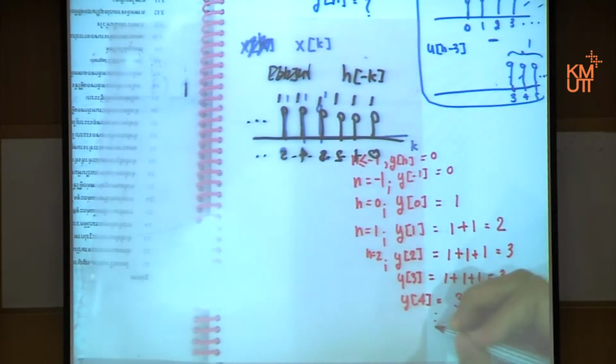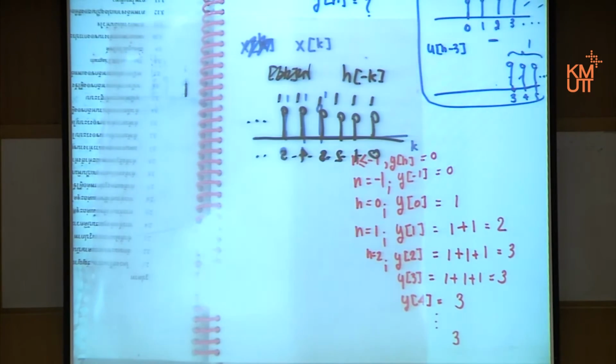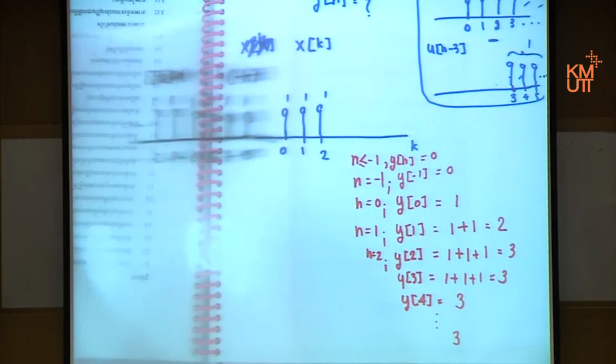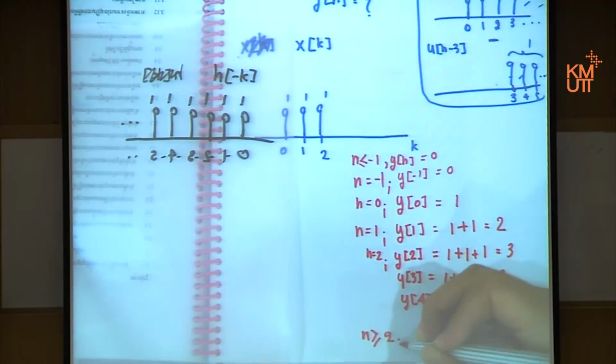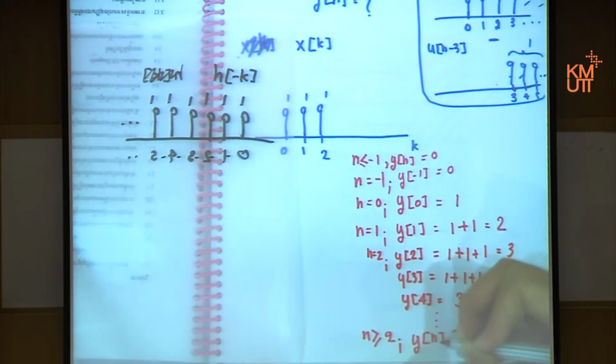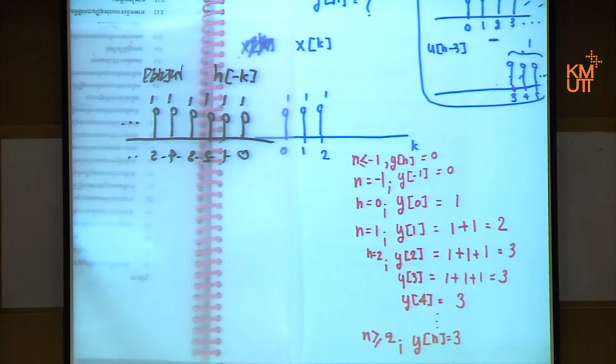So it will equal 3 forever. When n greater than or equal to 2, it will return 3. So I can conclude that when n greater than or equal to 2, y[n] will be equal to 3.